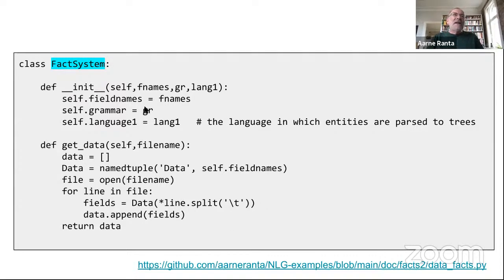So we have basically three things that define the class. It's the names of the fields, so for instance here, country, capital, and so on.